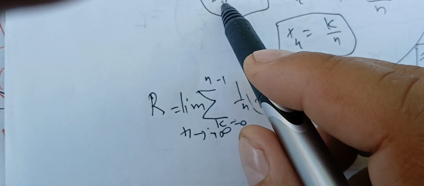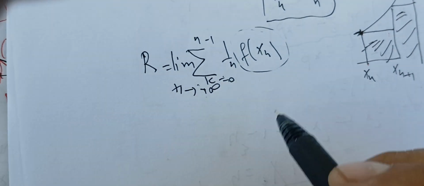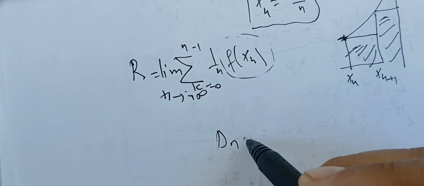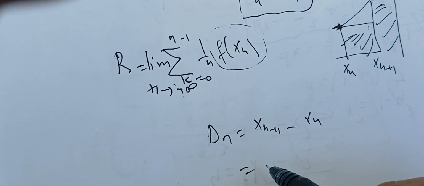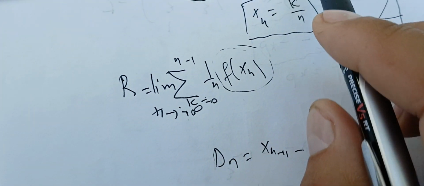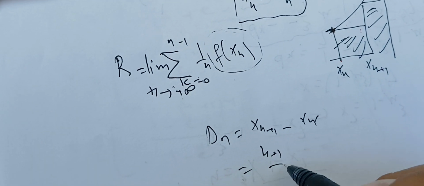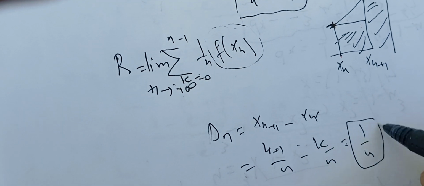We know our f here. Delta k here is the difference between two consecutive points. Let's compute it, in fact. We have delta k, or delta n, so it's x_{k+1} minus x_k. In our case, x_k is k over n, so we have (k plus 1) over n minus k over n, and when we do that, we get 1 over n.